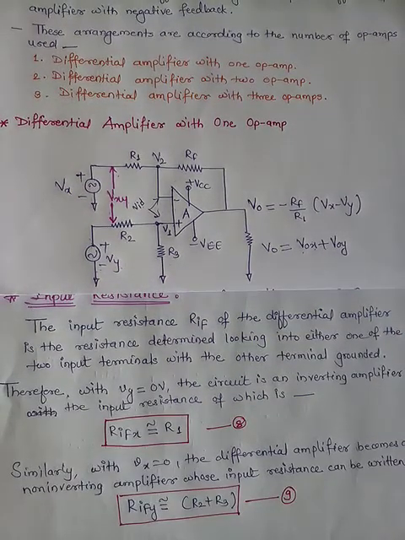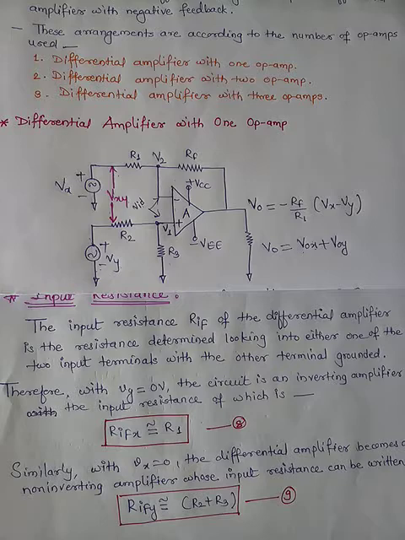Input resistance of a differential amplifier is the resistance determined looking into either of the input terminals of the op amp with the other terminal connected to ground.